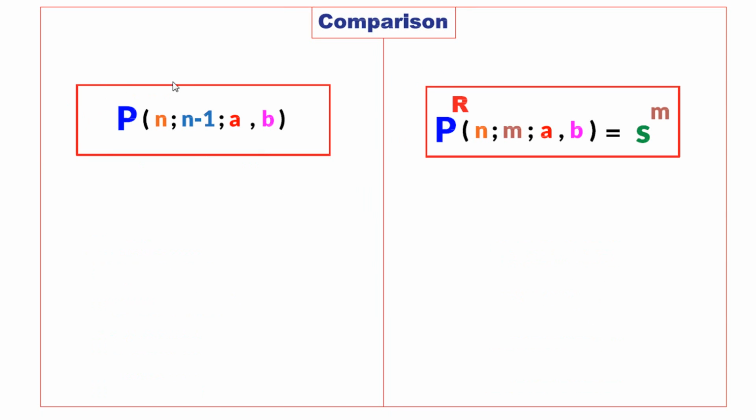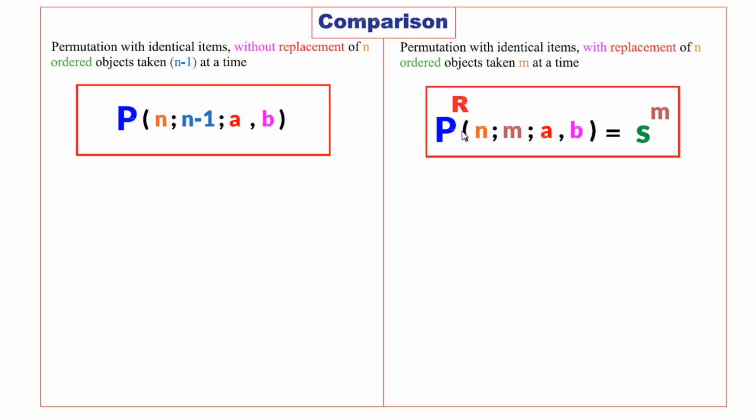Now let us compare between permutation of n objects taken n minus 1 at a time without replacement and permutation of n objects taken m at a time with replacement.